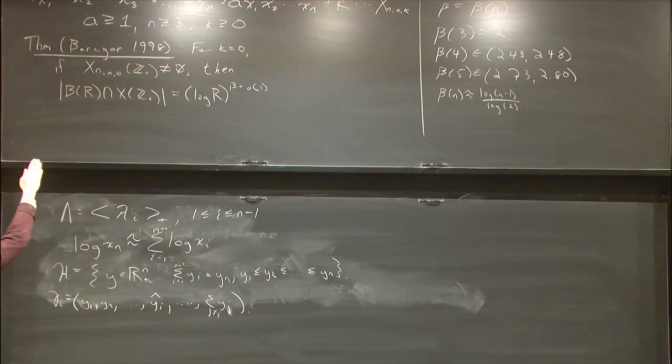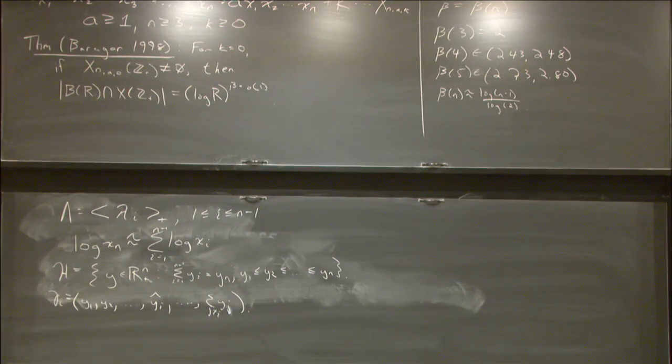Well, if the first n minus 2 entries are very small, then for the product on the right-hand side to match the xn squared on the left-hand side, xn minus 1 has to do a lot of heavy lifting. The xn minus 1 is forced to be large if the product of the first n minus 2 entries is very small.